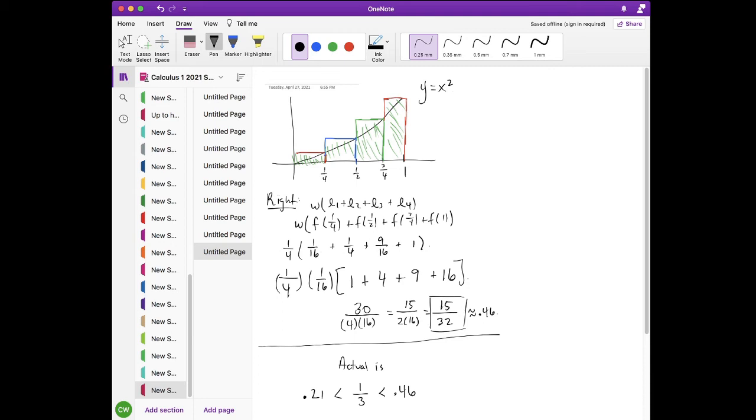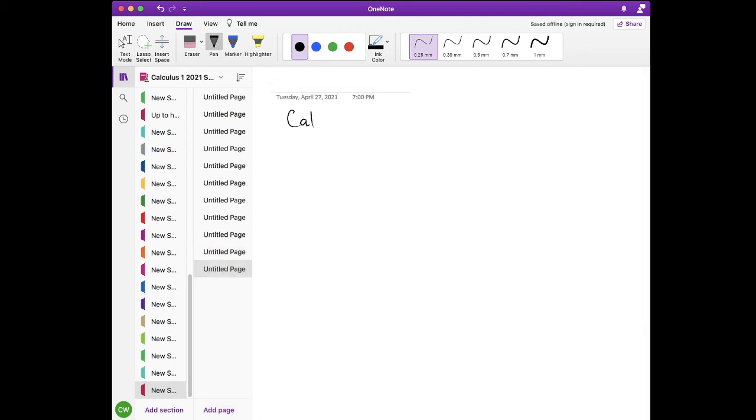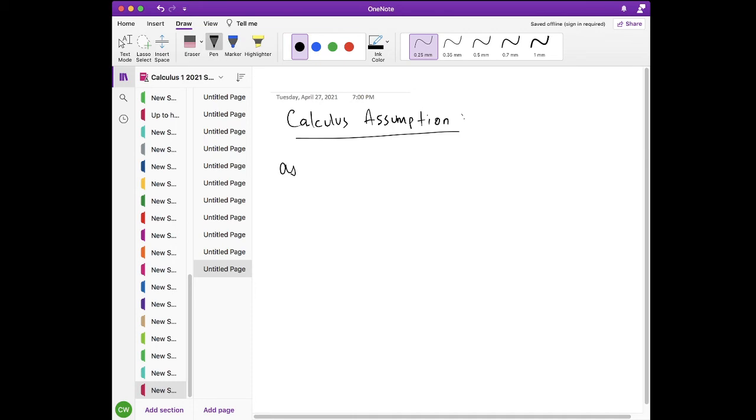Yes, yeah, so if I make the width smaller, that would be equating to adding in more rectangles. So here's the kind of the calculus assumption. We'll talk more about this later, but I don't really want to go into it too much right now. As W goes to 0, the estimated area approaches the actual area.